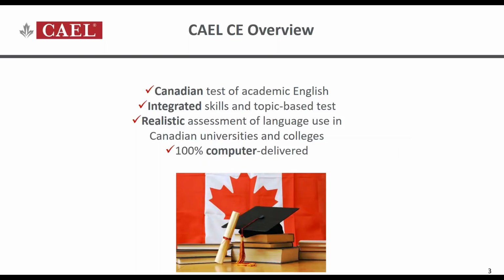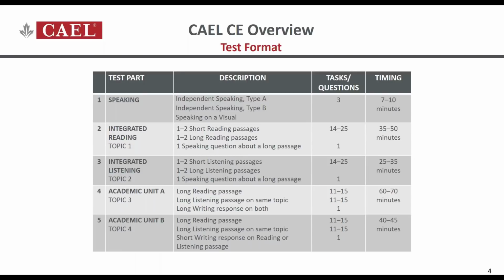So I'd like to show you an overview of the test format. The CAEL CE test is broken into 5 parts. Part 1 is for speaking tasks only, while the other 4 tasks integrate 2 or 3 different skills. Also, there is a different topic for each of these 4 integrated parts.